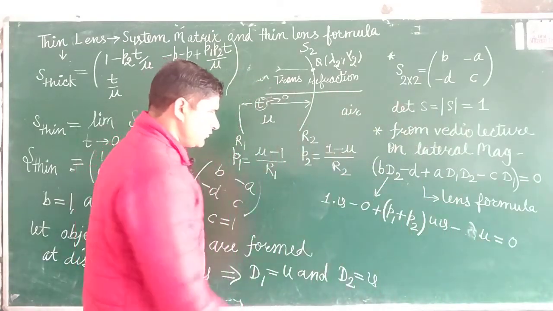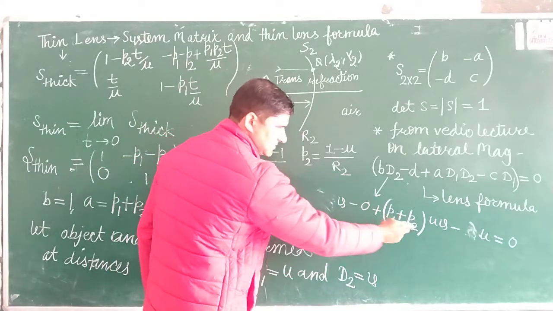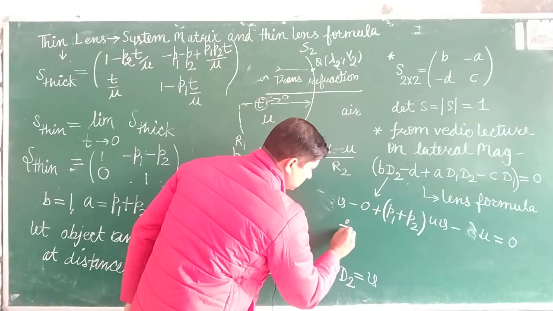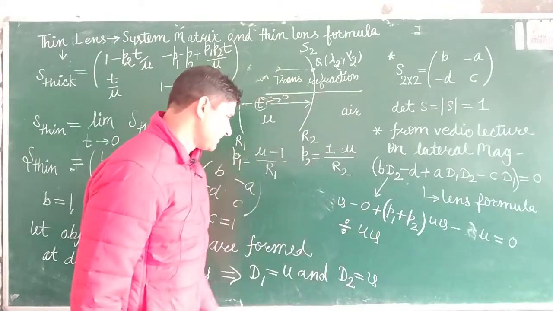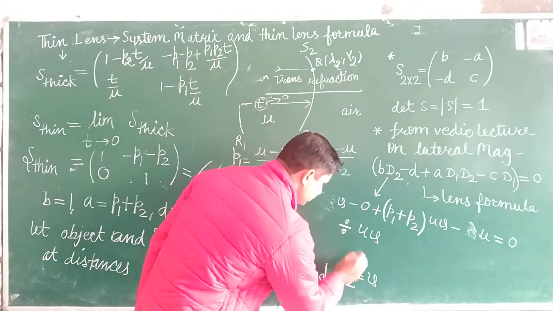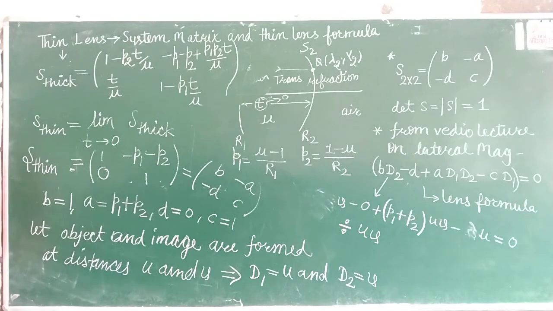So now if you divide this relation by UV, then you will get a result which will be, let me write it here.